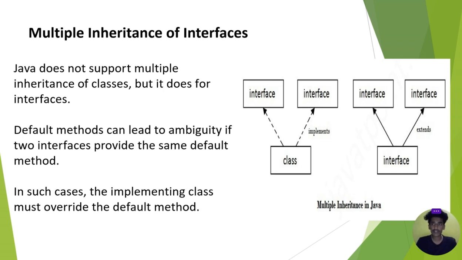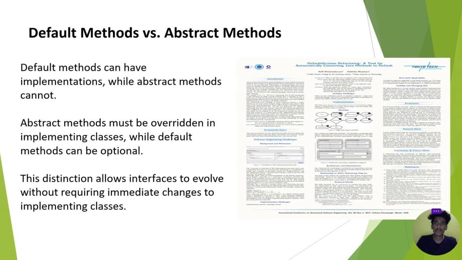Multiple inheritance of interfaces. Java does not support multiple inheritance of classes, but it does of interfaces. Default methods can lead to conflicts if two interfaces provide the same default method. In such cases, the implementing class must override the default method. Default method versus abstract method.